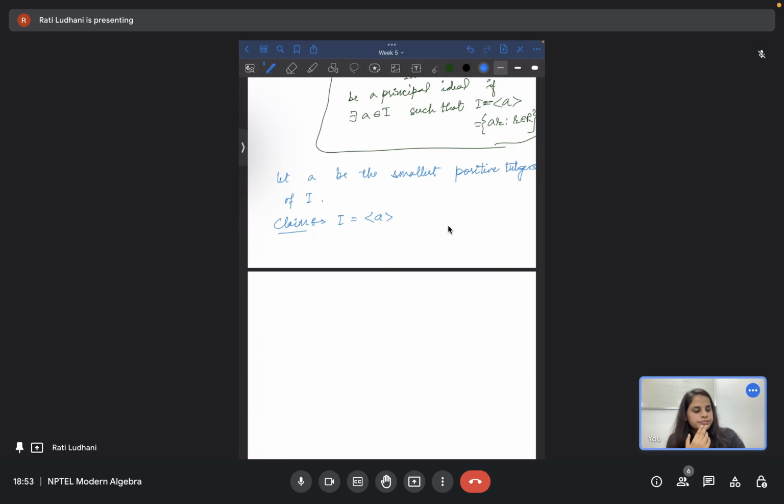So let's prove it. If this is not true, then what will happen? There exists some B belongs to I such that B is not a multiple of A. This is the symbol for there exists, if you don't know.